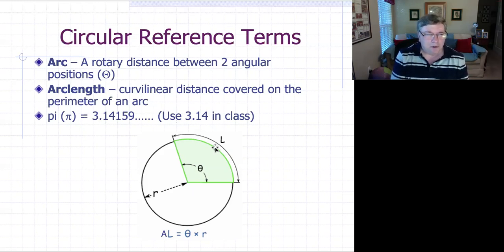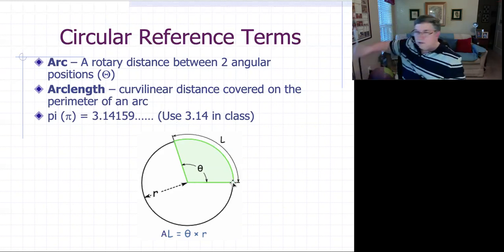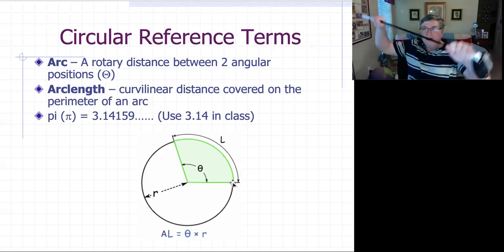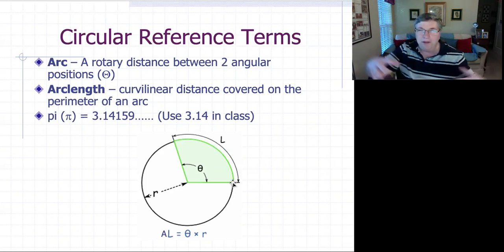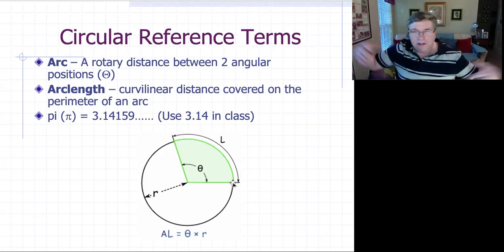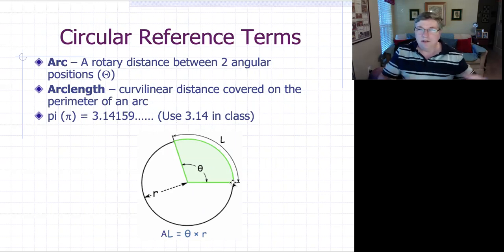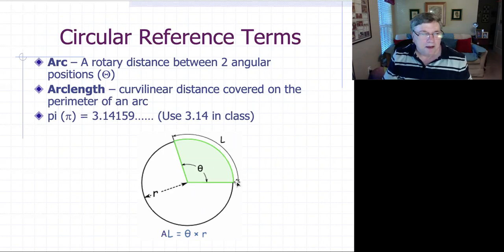Pi again is 3.14. The arc length is the product of the arc and the radius. So the longer the radius, makes sense, the greater the arc length. So the longer the club, the greater the arc length. So in the long driving contest for men and for women, they had these really super long drivers. The longer the arc length, the greater the club head speed, because they're going to be covering a greater distance for a given period of time.